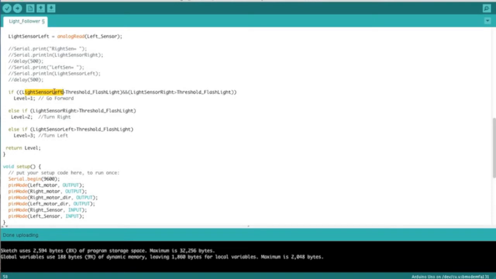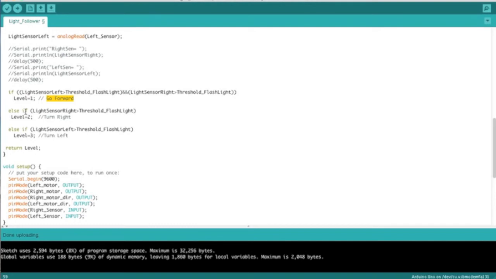So when the light sensor left is bigger than threshold flashlight, which is this value, 400, and when the light sensor right is greater than threshold flashlight, then level equals 1, which means go forward.